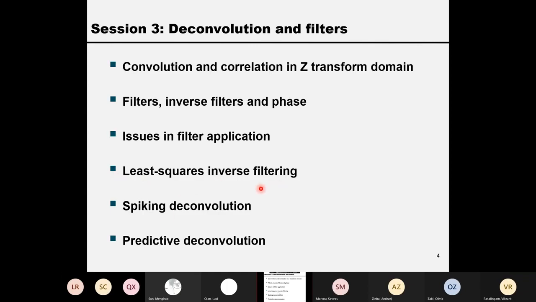And following that, we have 2 examples. One's called spiking deconvolution, one's called predictive deconvolution. If some of you have learned about the inverse problem theory, least squares is one of the very fundamental inverse problem theories.